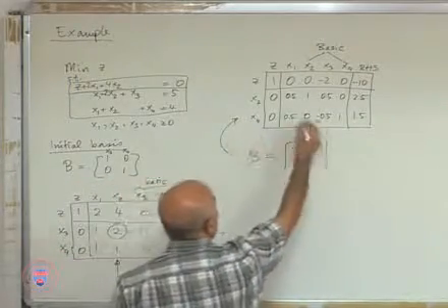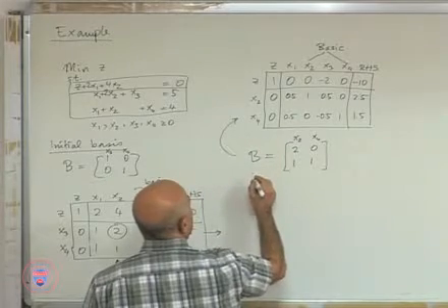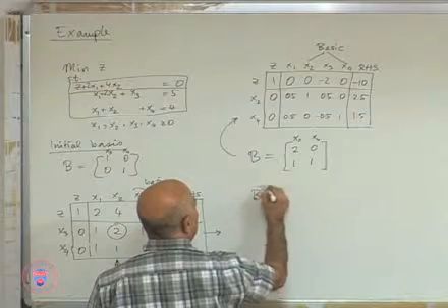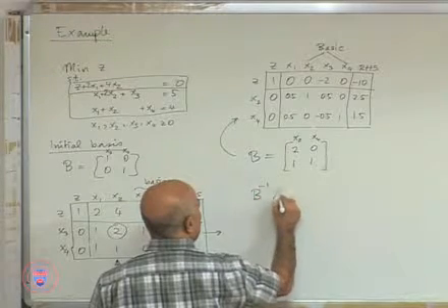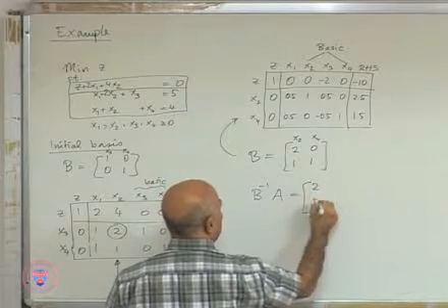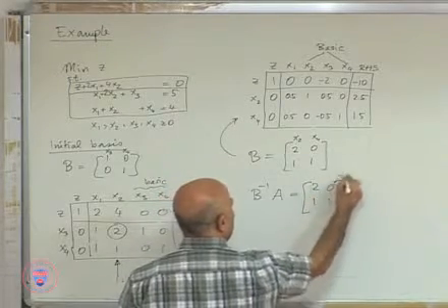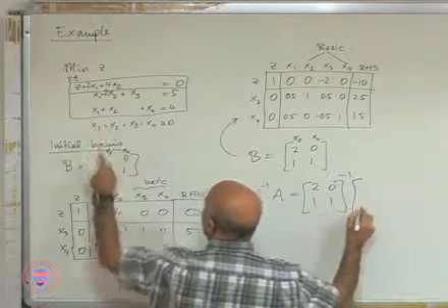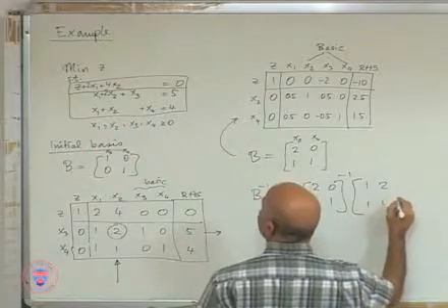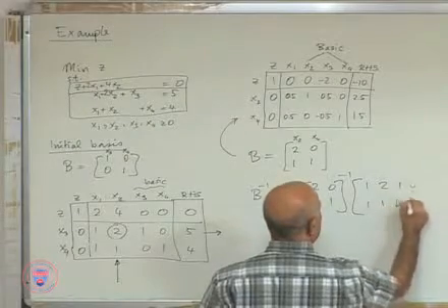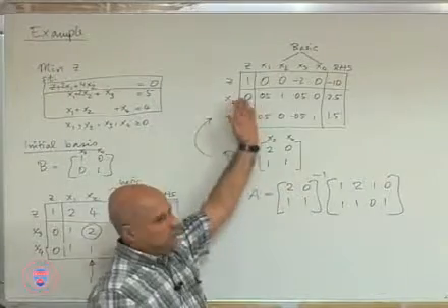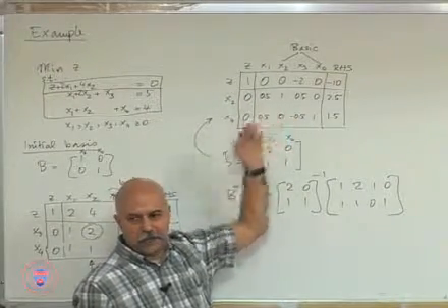So this part of the tableau is B inverse times the original matrix A, which tells you that the inverse of the matrix 2, 1, 0, 1 multiplying whatever you've got, 1, 1, 2, 1, 1, 0, 0, 1. And the output of this multiplication should match what you have in the tableau.